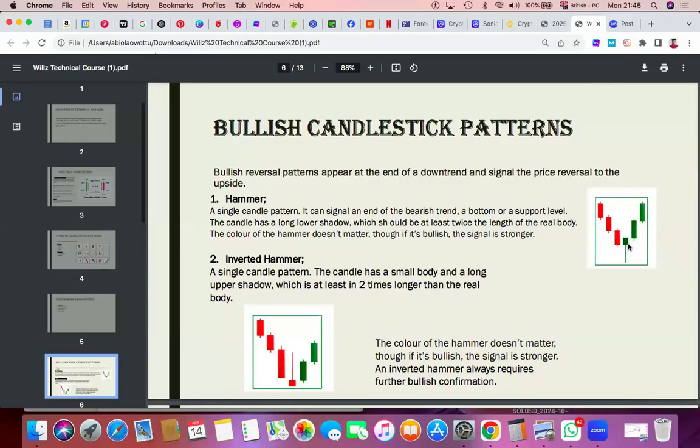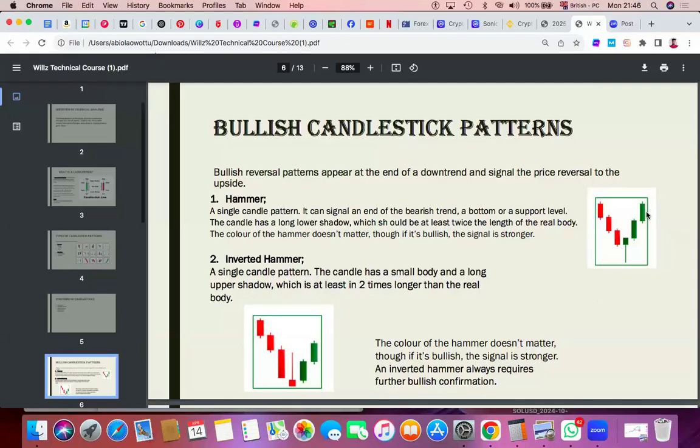So it's actually a reversal for you. The market will create three consecutive down candles, and then you will see a candle that looks like a hammer, and then it's a reversal candle, right? Which is actually a bullish indication in the market.